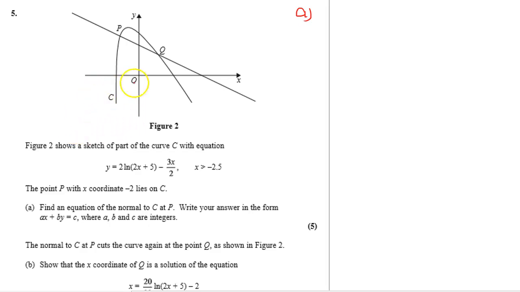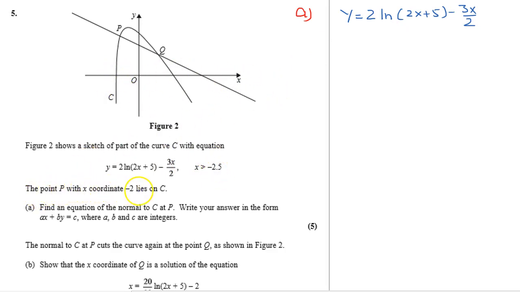Question number 5, part A. The figure shows a sketch of part of a curve C with the equation y is equal to 2 ln(2x plus 5) minus 3x over 2, and x is greater than minus 2.5.